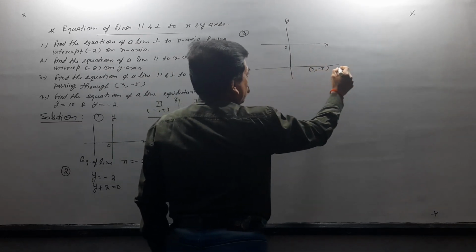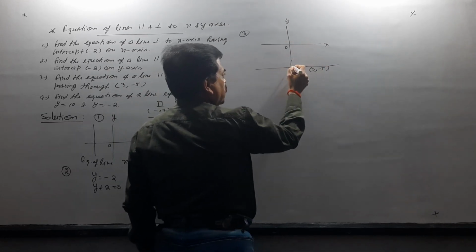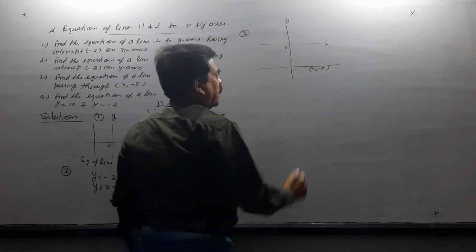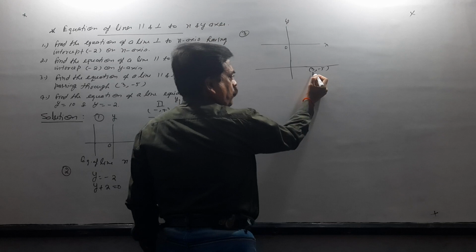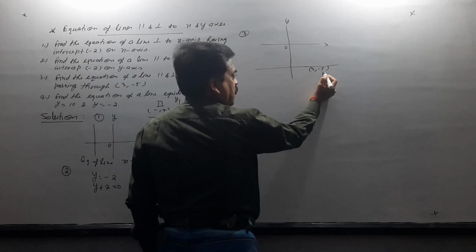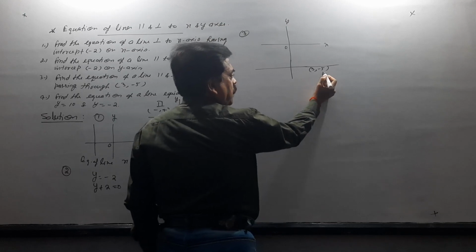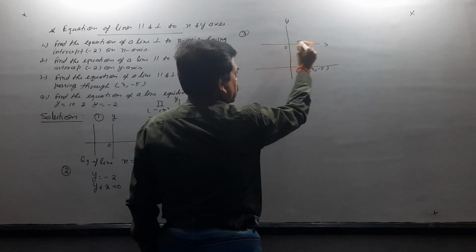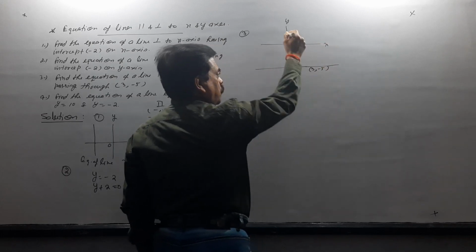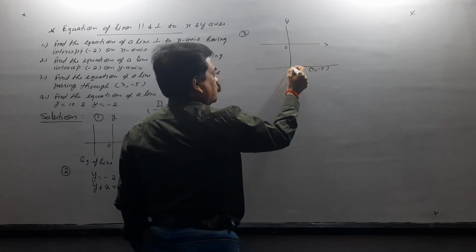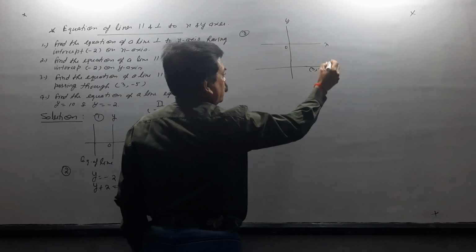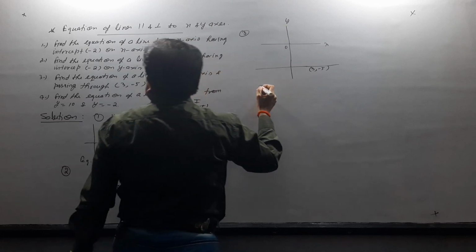This line is intersecting y-axis at this point, and distance from origin to this point is 5. First coordinate is called abscissa and second called ordinate. Abscissa is measured on x-axis and ordinate is measured on y-axis.